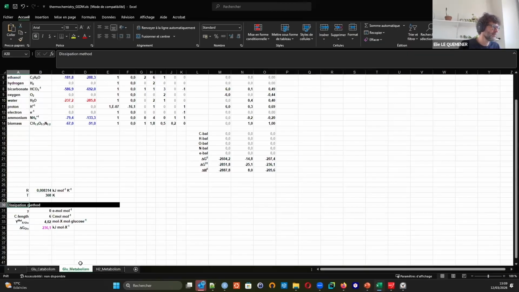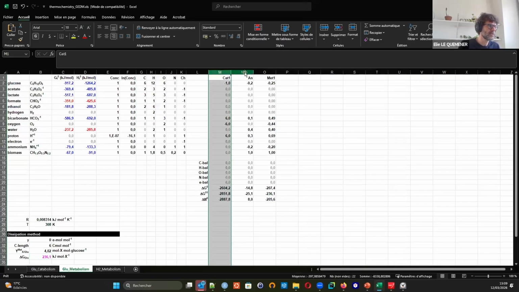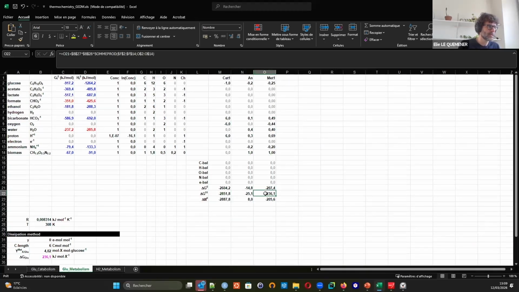So in the Excel file, they compute this value from the number of carbon and degree of reduction, so they compute the dissipated energy. And what they say is, I want to combine this column and this column to have a final metabolic reaction that has this value for the metabolic energy, this value that comes from here. So they do the linear combination of these two columns and it gives this final column.